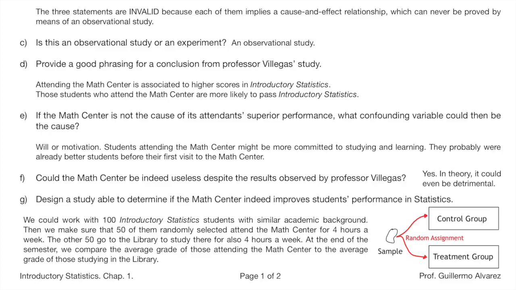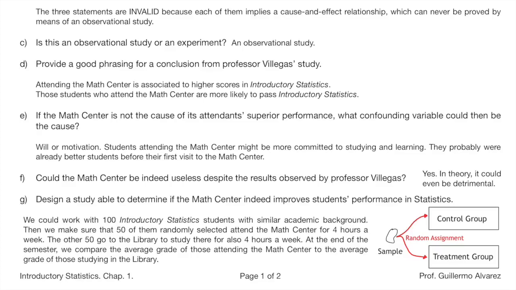One final comment. Imagine that you are doing poorly in statistics. Then you begin attending the math center and your performance in statistics improves greatly. Can you tell your friends that the math center is helping you a lot? I think the answer is yes, absolutely. Because when you talk to friends, you don't necessarily have to use the scientific argot.